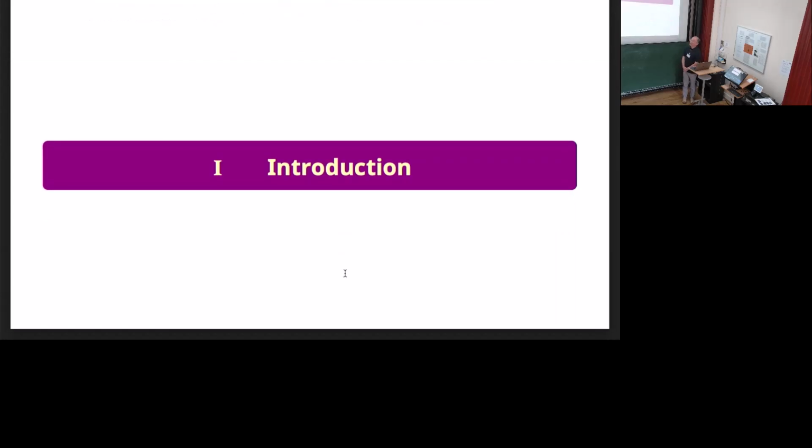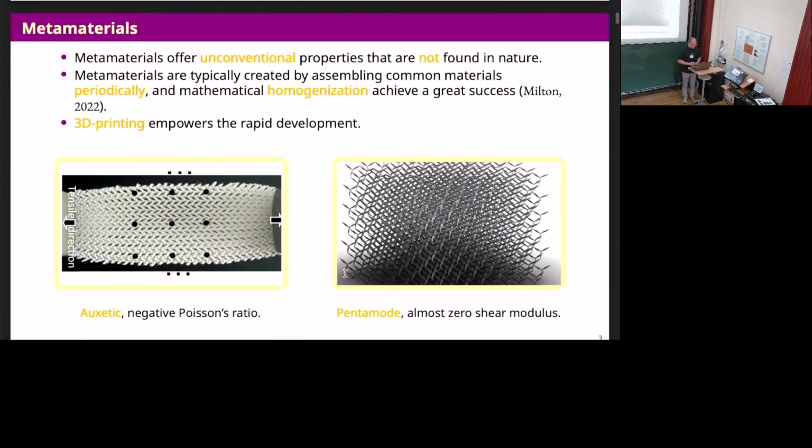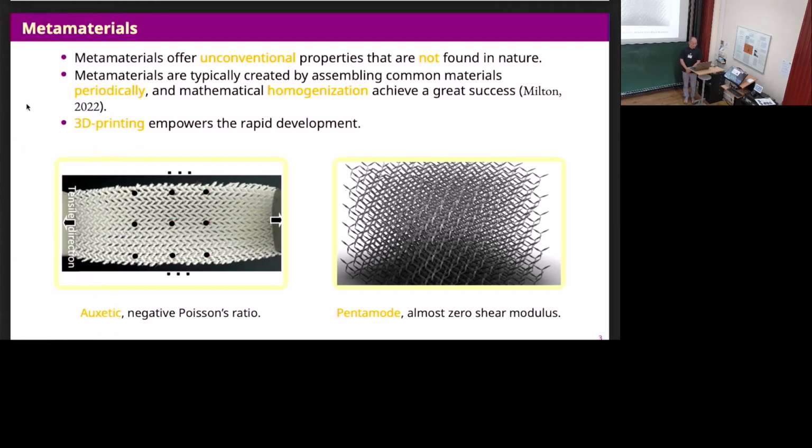So first, I will mention some introduction. So we start with metamaterials. This kind of materials offer unconventional properties, quite unusual, and is not found in nature. This type of metamaterials are typically created by combining some common materials in some periodic way.